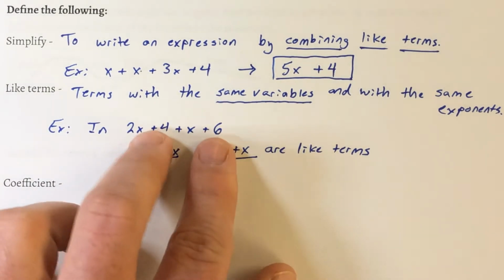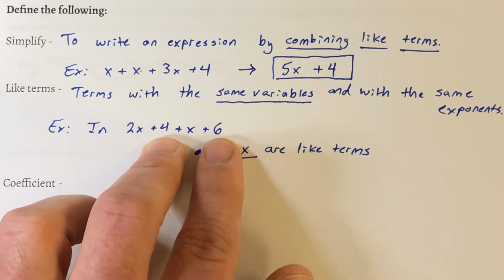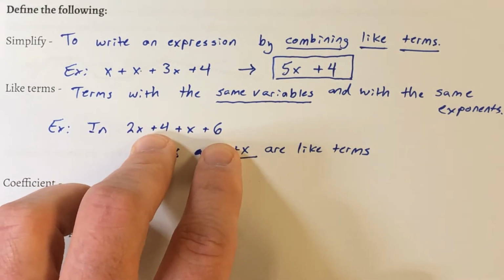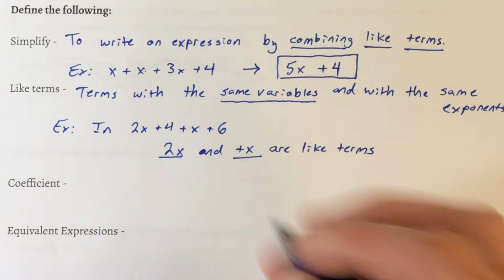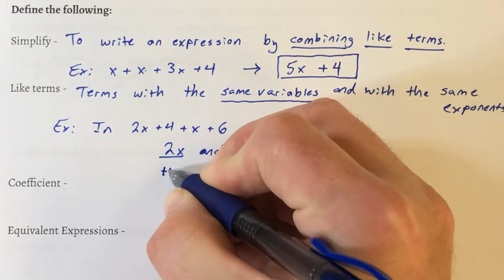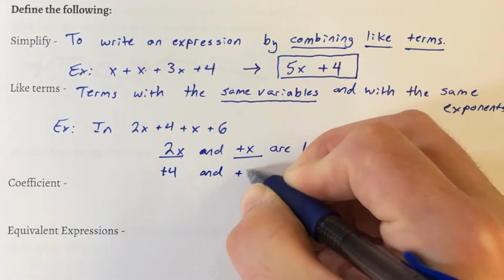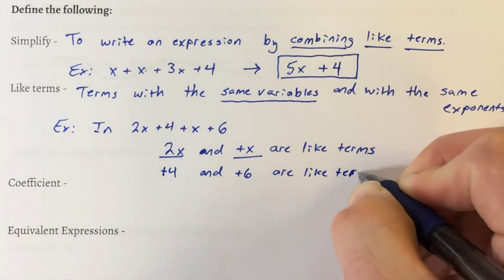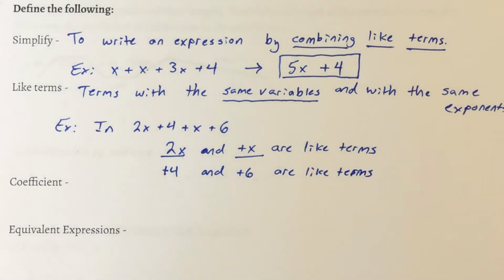So for our purposes, we're going to simply say these are like terms because they appear to not have a variable. They're both similar to each other in that they're both plain old numbers. So that's as much as we're going to get into on that. So positive 4 and positive 6 are like terms because they both don't have a variable, seemingly. And again, in 7th and 8th grade, you'll find out that they do, but it's more of a conversation than we want to have right here.